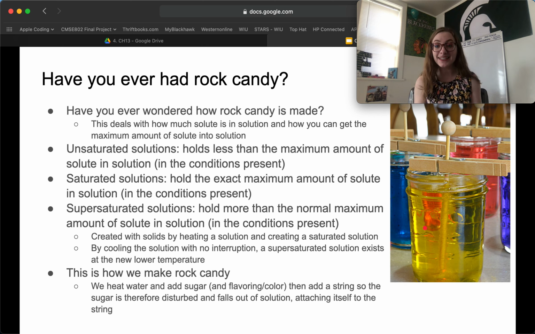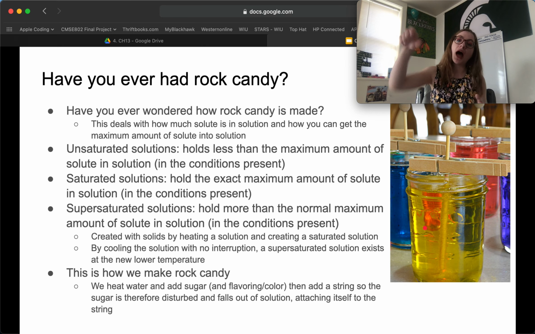To make a supersaturated solution, you heat up something like salt water, for example, and you keep adding more salt as it becomes more soluble. As temperature increases, solubility increases. So even with the same amount of water, if I heat the solution up, I can continue to add more salt to reach the saturation point at each individual temperature.